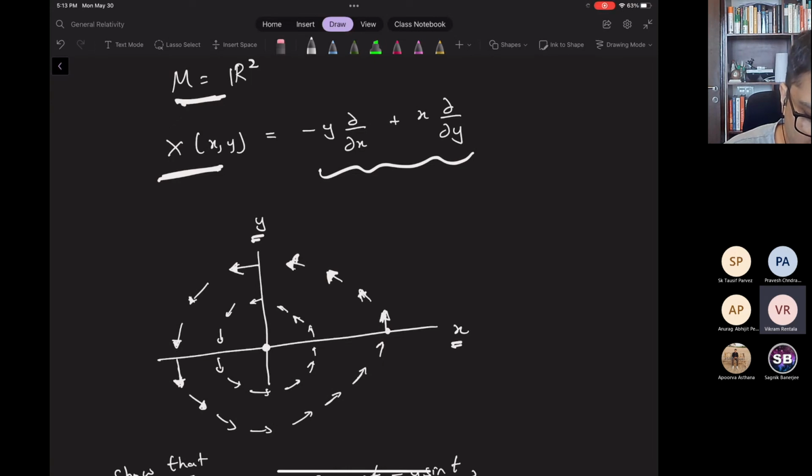You should only think about the directions of this flow and not the magnitude, because to construct the magnitude of such a vector requires you to have a metric. We don't have a metric on this manifold. So let's only focus on the directions of these vectors, minus y partial partial x plus x partial partial y, up to an overall magnitude.